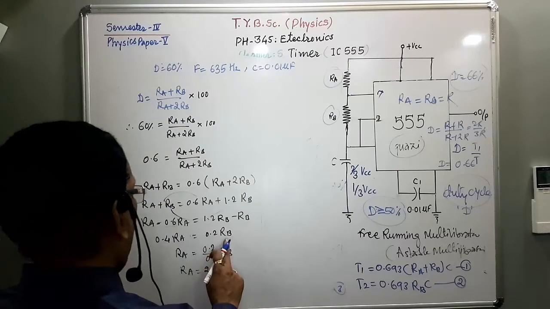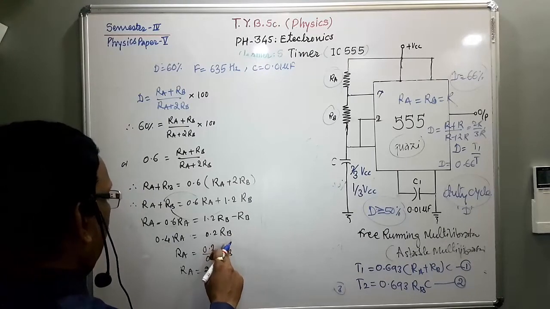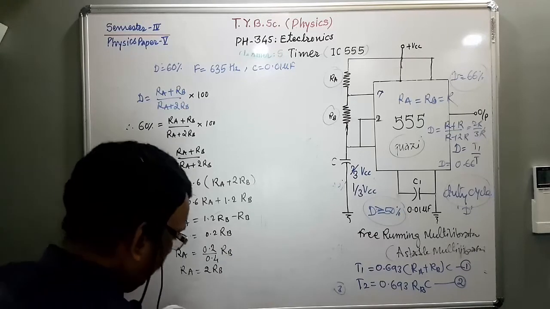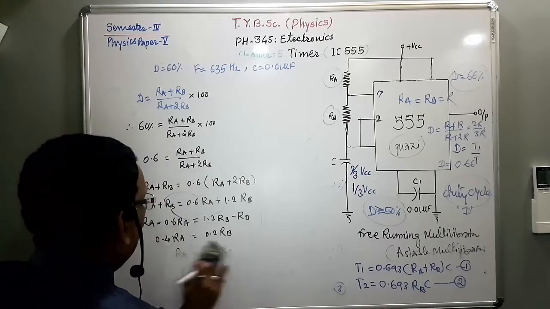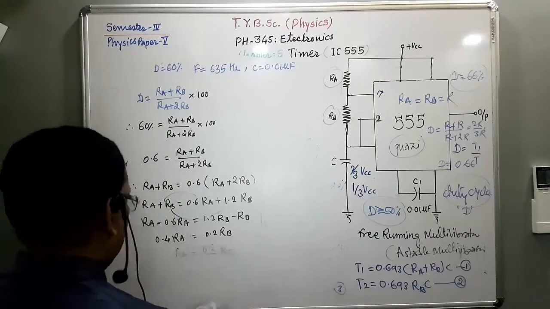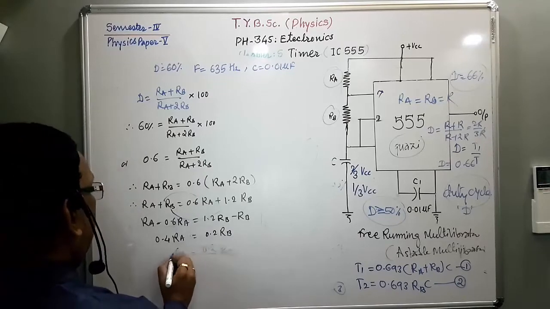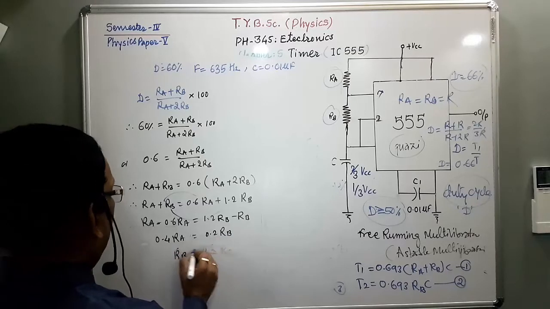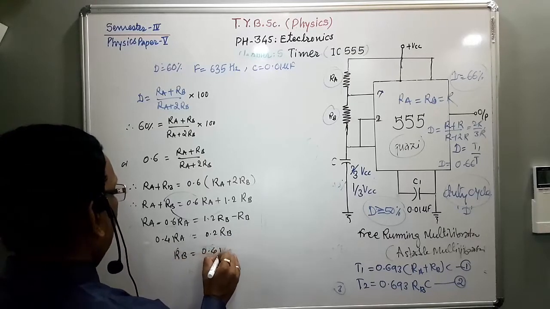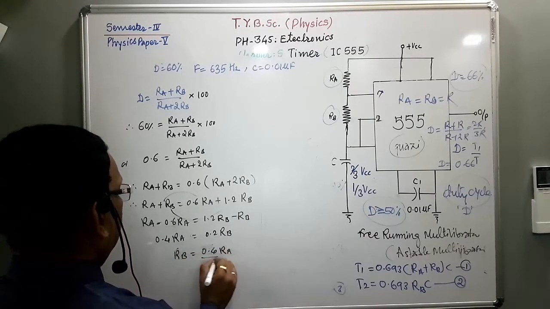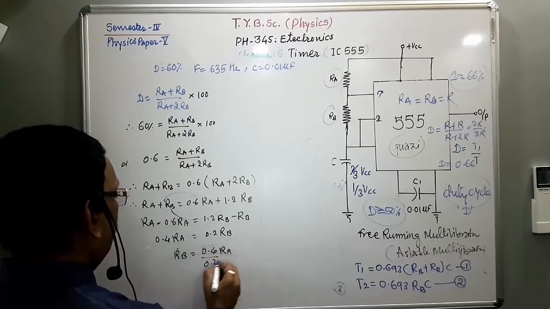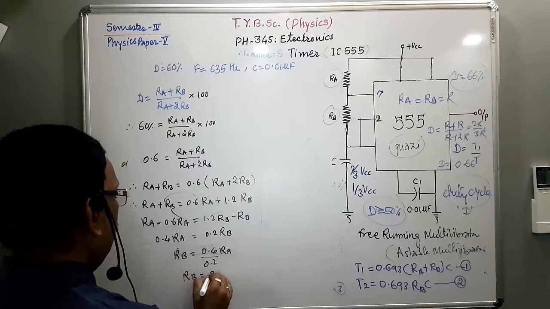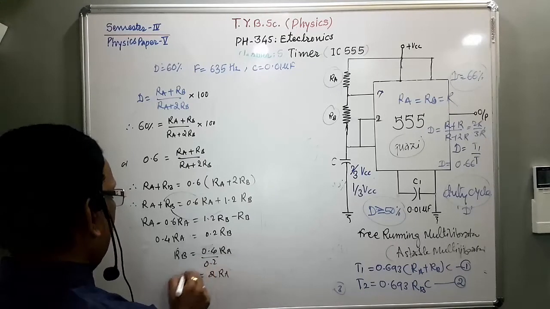Sorry, no, I made a mistake. I would like to correct this. RB is equal to 0.4 RA upon 0.2, and then simply RB is equal to twice RA.